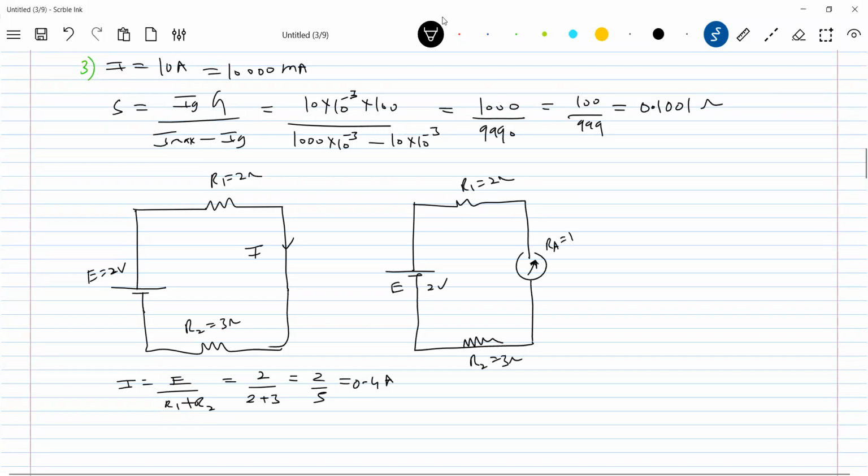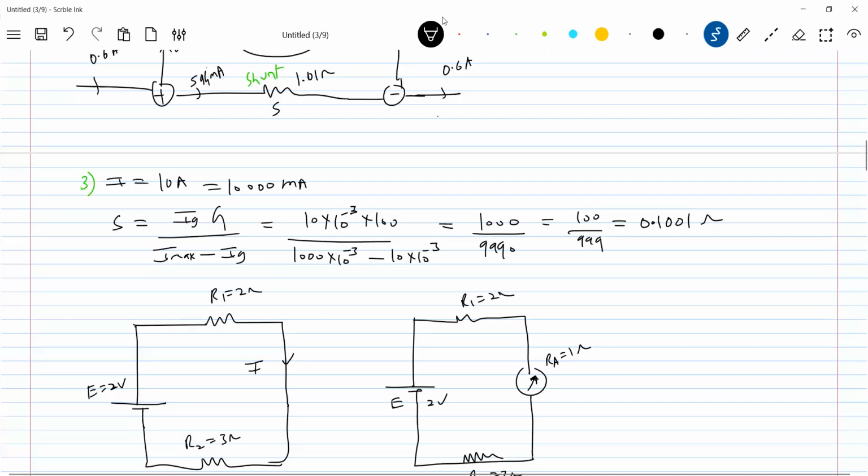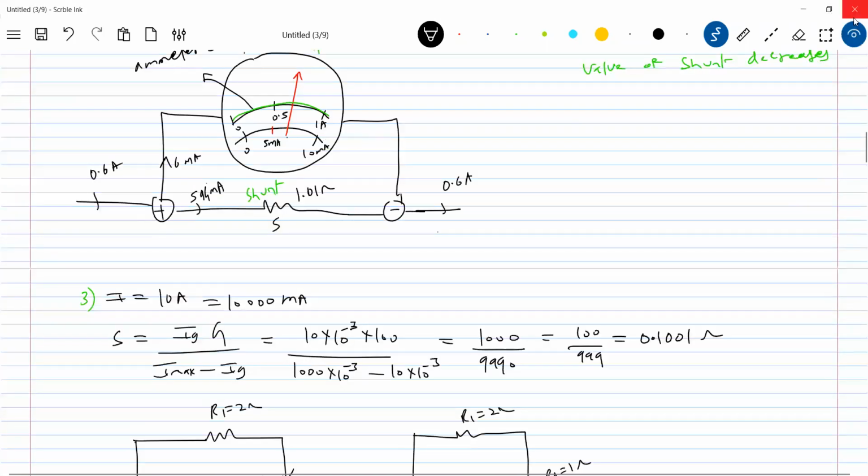Let the internal resistance of this ammeter be 1 ohm, because I can never get an ammeter with zero internal resistance. Why is it not possible? Look at this. What is the ammeter resistance? The formula is GS by G plus S. For the ammeter resistance to be zero, the basic condition is that the shunt should be zero.